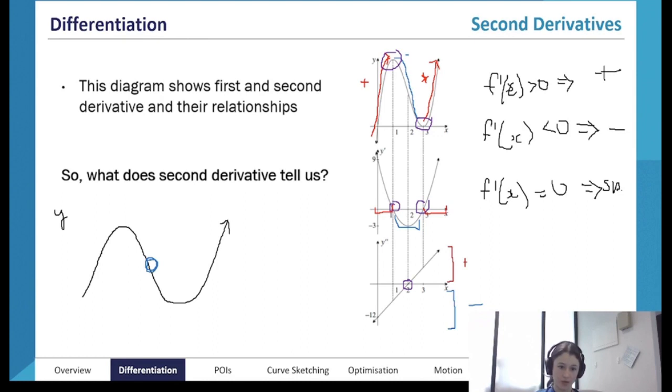So, in this section here, the gradient is decreasing. So even though in this part here, the gradient is positive, the gradient itself is decreasing. So the gradient is getting smaller and smaller. It's getting less and less positive.